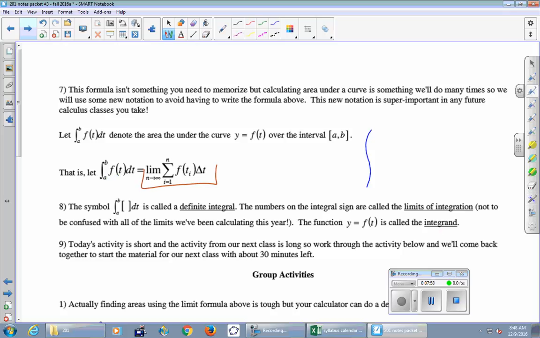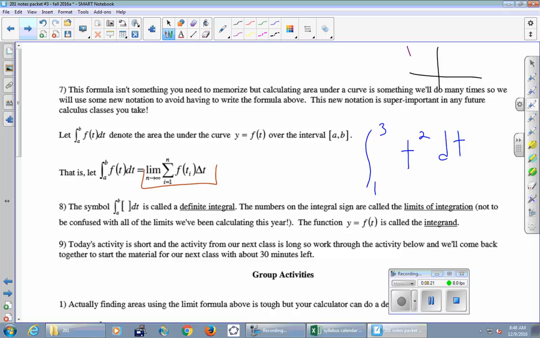So just one quick example. Suppose that I gave you the integral from 1 to 3 of t squared dt. So that crazy symbol right there represents an area. Area under what curve? t squared. Okay, great.